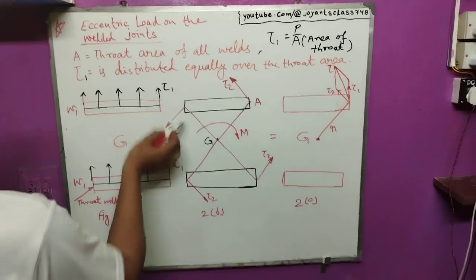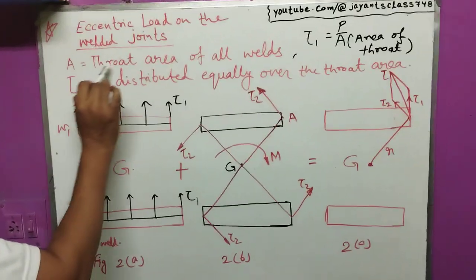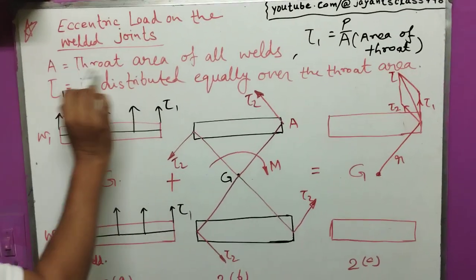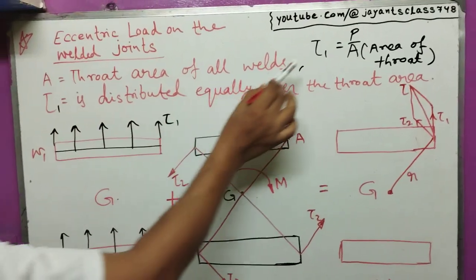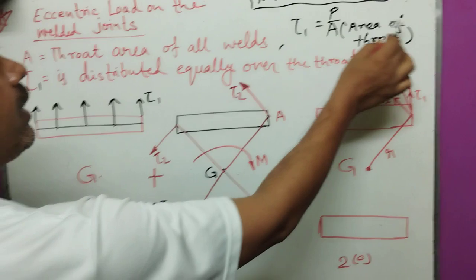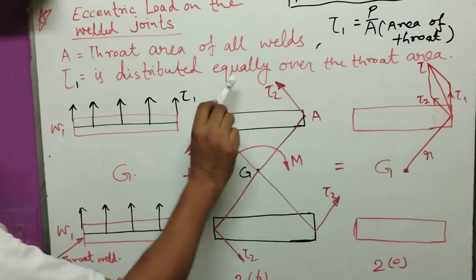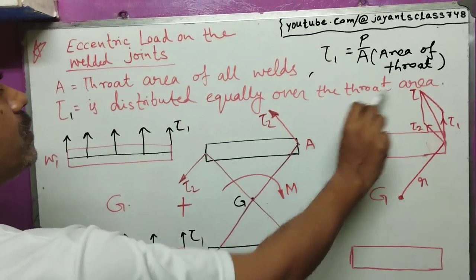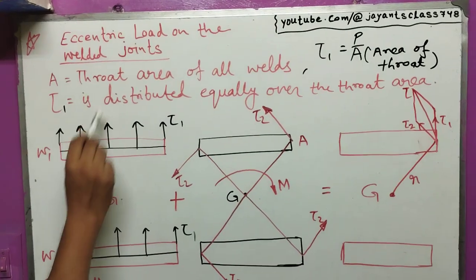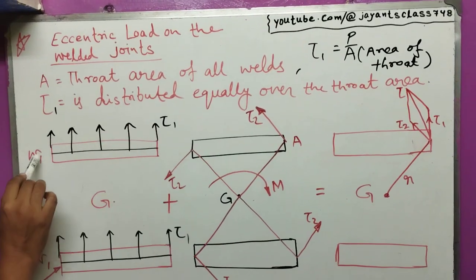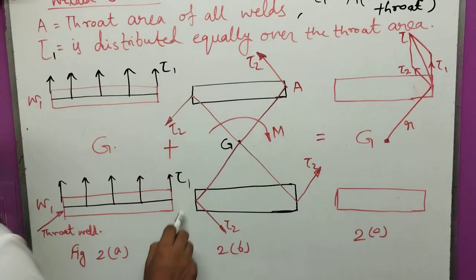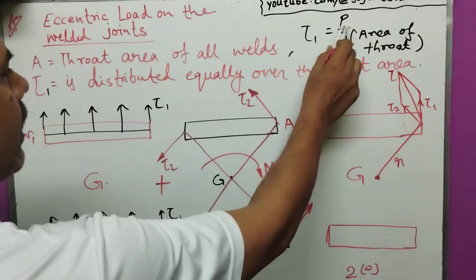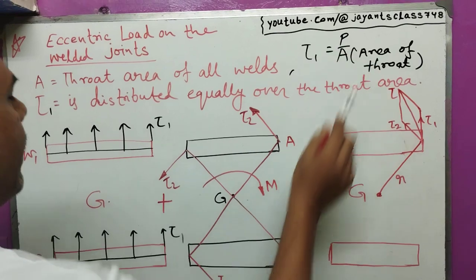A denotes the throat area of all the welds, and tau 1 is P by A, the area of the throat, distributed equally and uniformly over the area. W1 and W2 are the fillet weld throats, and tau is P by A.